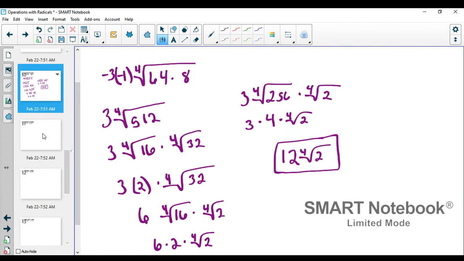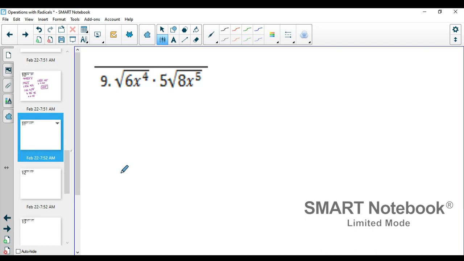All right, number 9. So we have 6x to the 4th times 5 square root of 8x to the 5th. So remember there's a 1 here, so you can make this as 1 times 5, which is 5. And then under this radical sign, we have 6 times 8, which is 48. And then x to the 4th and x to the 5th is x to the 9th.